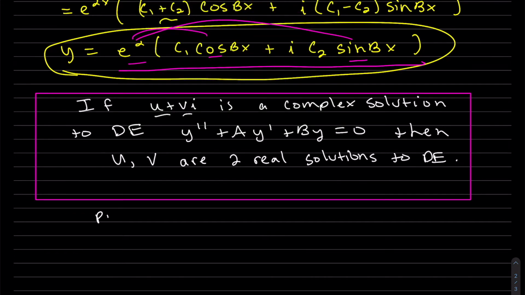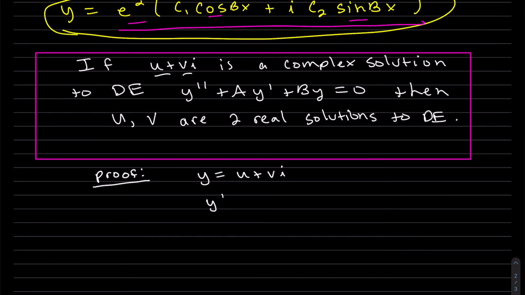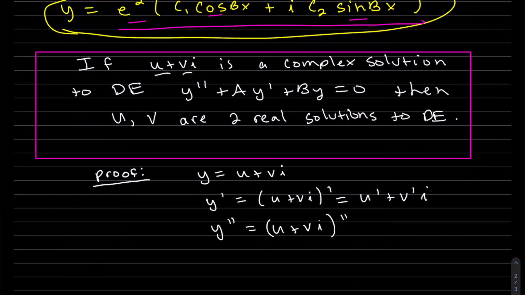So our proof, well, there's not much way to start, except all we know is u plus vi is a solution to that dE. So we'll call it y equals u plus vi. And we're going to need to plug it in. Well, we'll plug it in, and we can simplify that. You can distribute a derivative across a plus. It's not a power. So that's u prime plus v prime i. And then I'll be plugging in y double prime, which is u plus vi double prime.